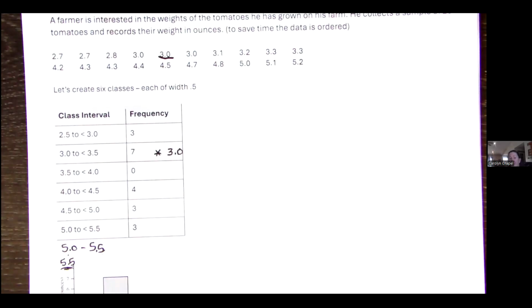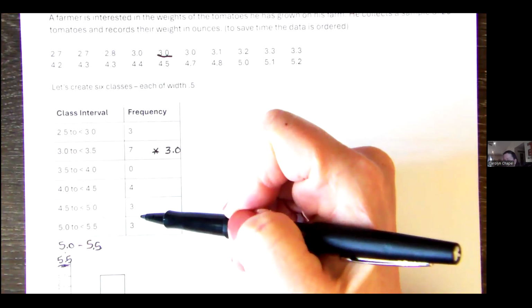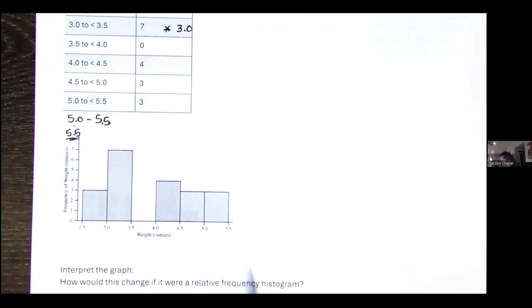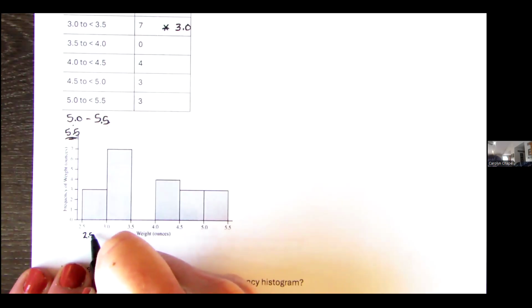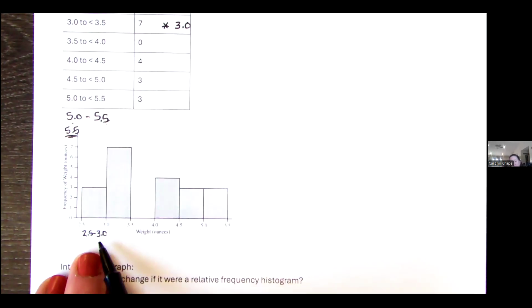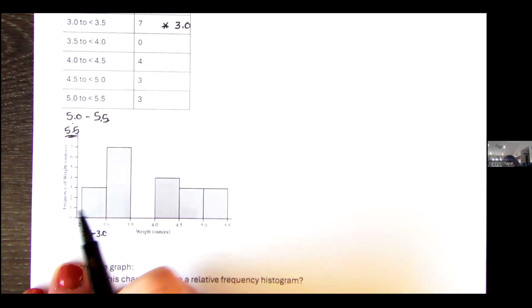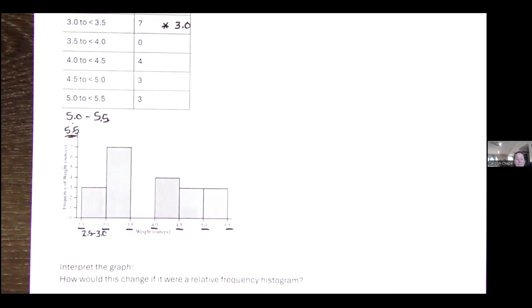And so it's very similar to a bar chart. We get our frequencies just by counting how many are in each group. And when we go to create our graph, instead of writing our interval underneath, we actually just put those boundary values to represent the scale.